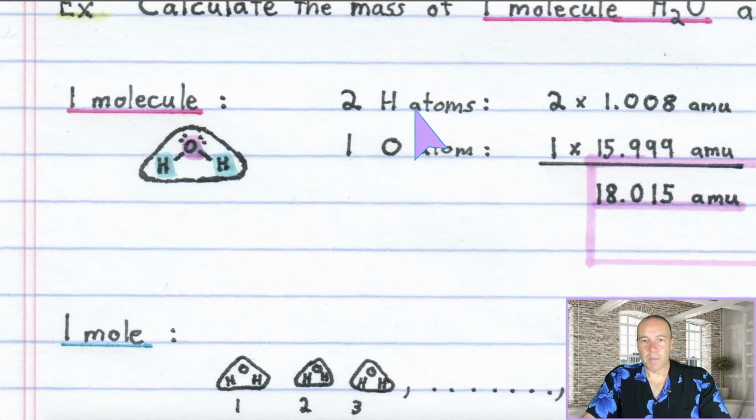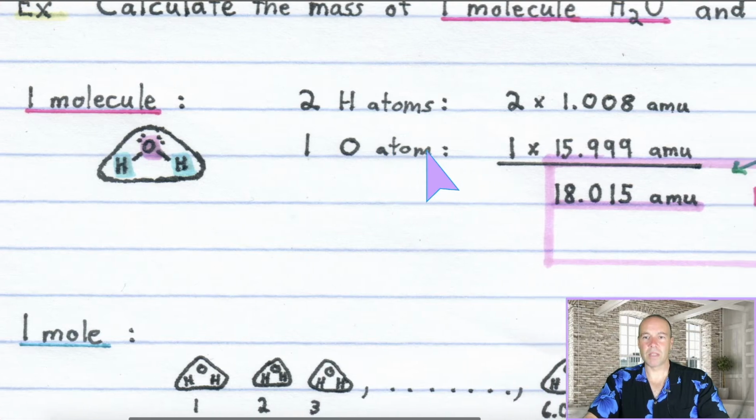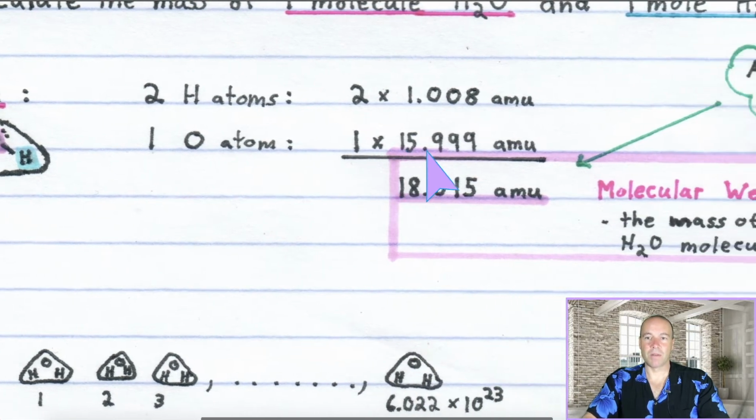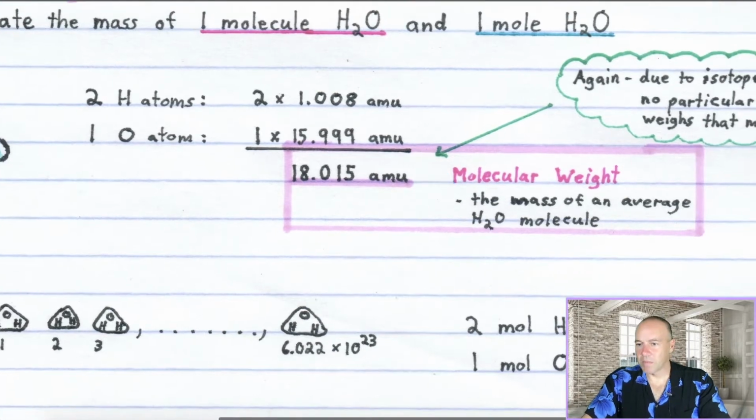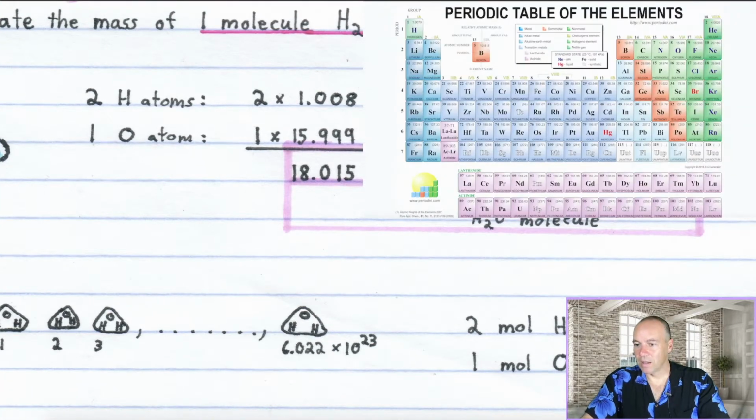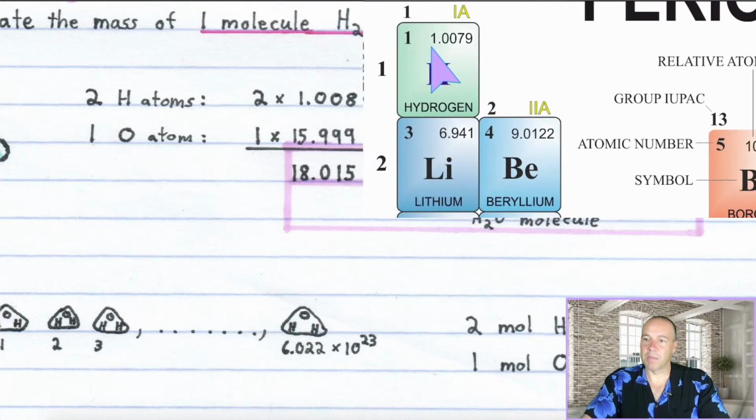Well, we get that information right on the periodic table. Remember, the periodic table tells us how heavy atoms are. And so, 2 hydrogen atoms, let's look up hydrogen again. It's element number 1, and its atomic mass is 1.008 atomic mass units. You remember, if you're dealing with a small atom, you use the small units. Okay, so you got 2 of them, you multiply that by 2.